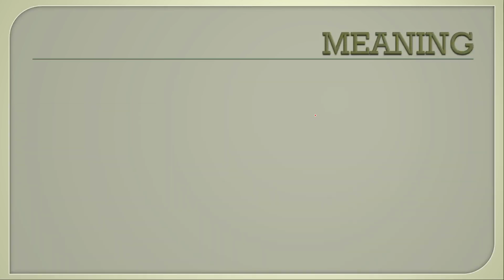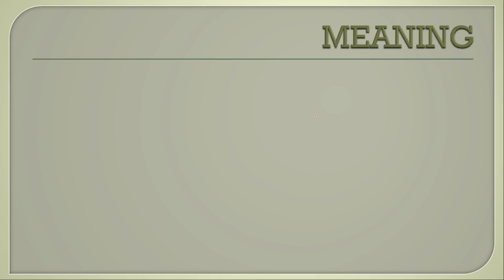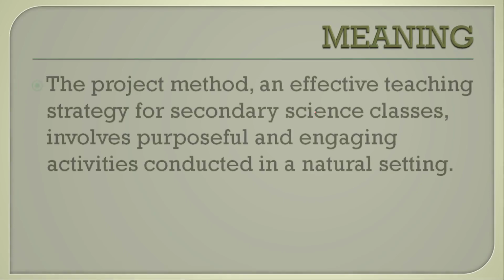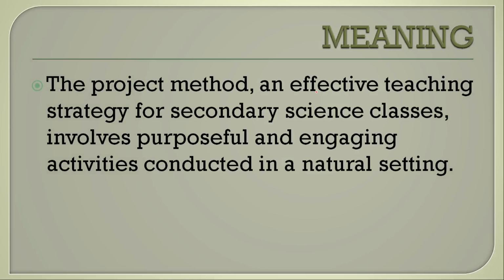Firstly, let's look into the meaning of project method. Project method is an effective teaching strategy meant for secondary science classes. It involves purposeful and engaging activities which are conducted in a natural environment or natural setting.